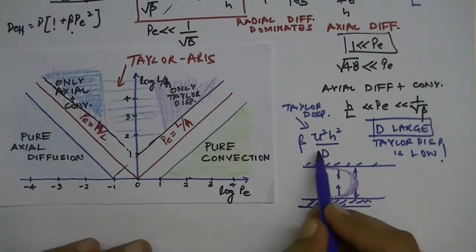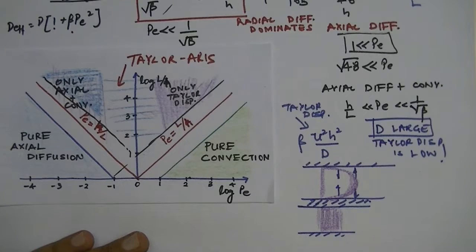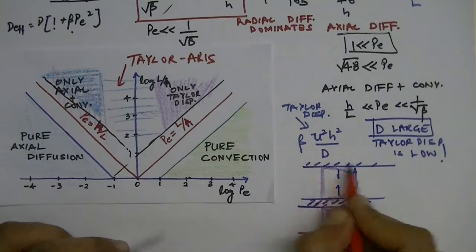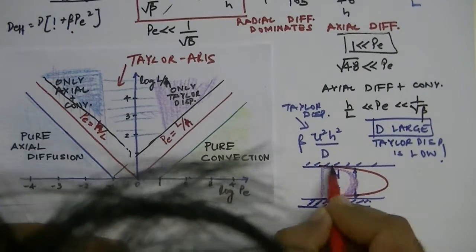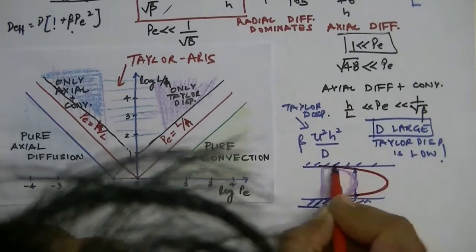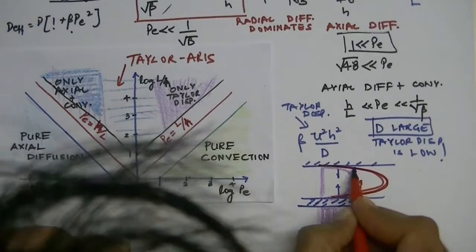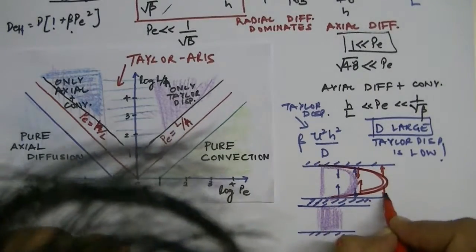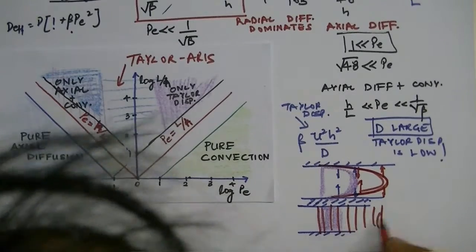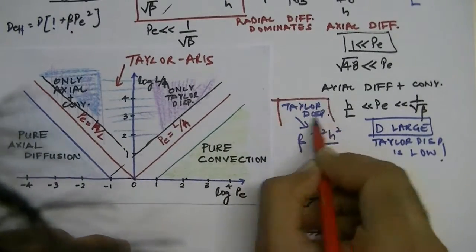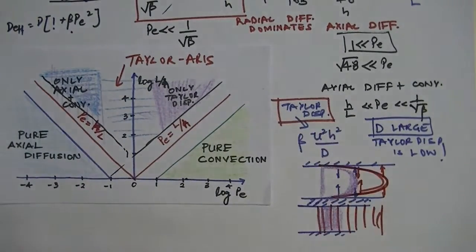Because if you have a lower diffusion constant, that means for a lower diffusivity species, the species band would first deform over a large length, and then you will have this radial diffusion. So eventually you would get a much broader band due to Taylor dispersion. So this is something which is counterintuitive.